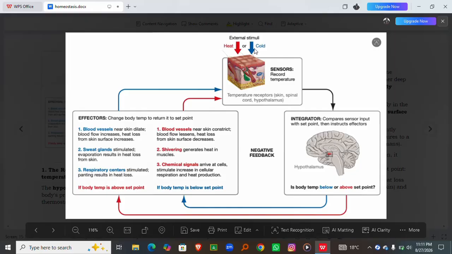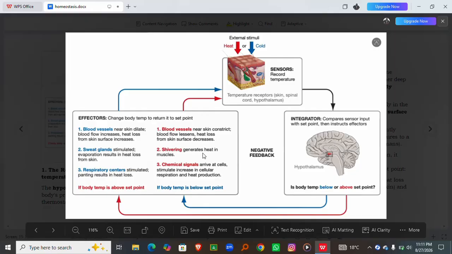Then you realize that when it is too cold, that is the external stimulus, the skin, the spinal cord, and the hypothalamus will have to sense that. And what happens is the body will respond by negative feedback mechanisms. The negative feedback mechanisms, they are these ones we are trying to look at. Blood vessels near the skin will have to constrict and blood flow lessens. Heat loss from the skin surface is going to decrease.